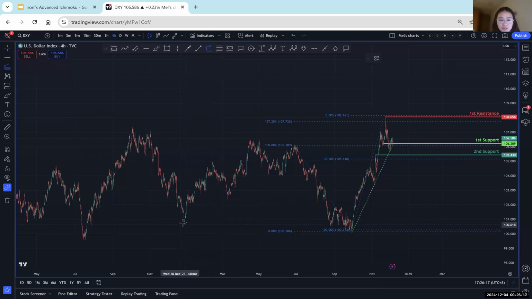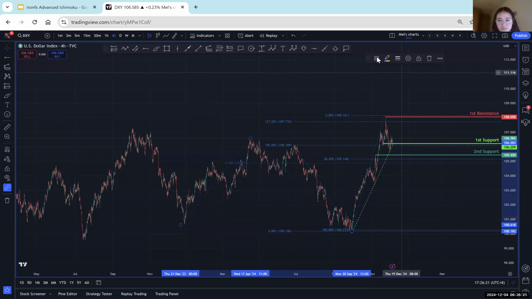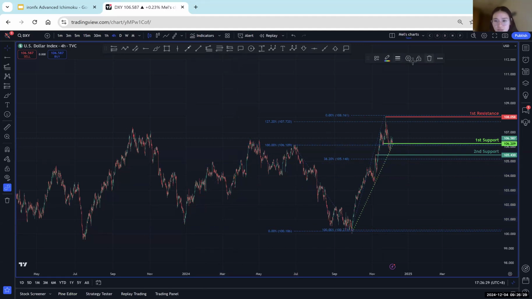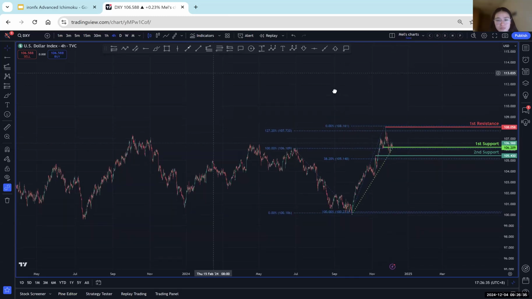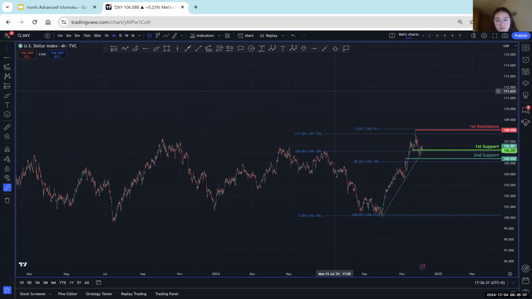Next, going in with a projection. Okay, price has already broken out of this 100%, so I can't use that anymore. Yeah, I think that's all the levels that we have.